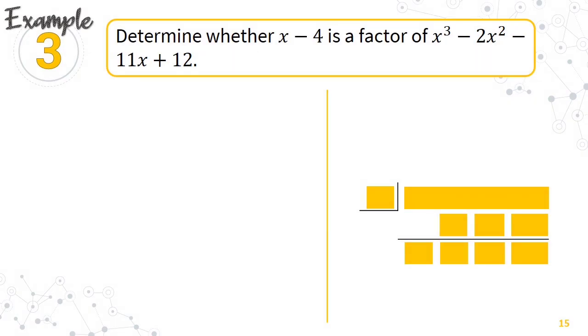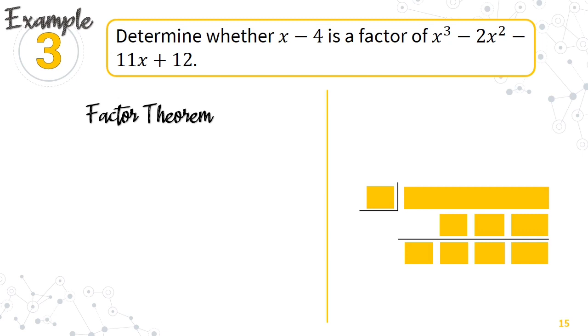To further understand the factor theorem, let us have this problem. Determine whether x minus 4 is a factor of x cubed minus 2x squared minus 11x plus 12. Take note that x minus 4 will only be a factor of the given polynomial if and only if p of 4 is equal to 0.